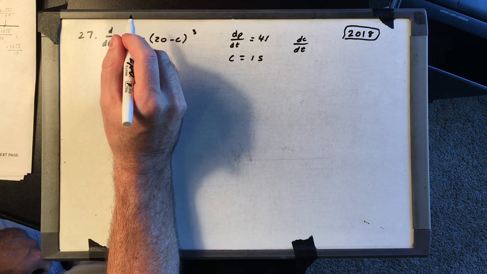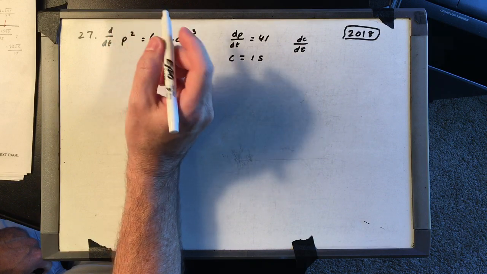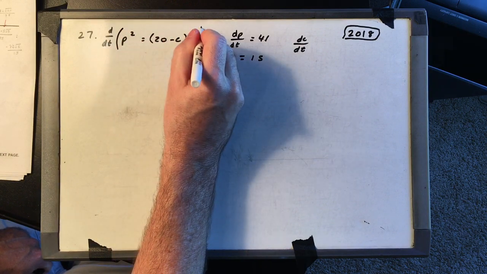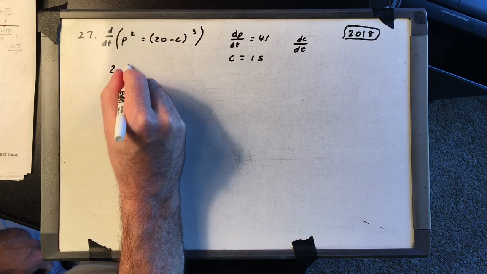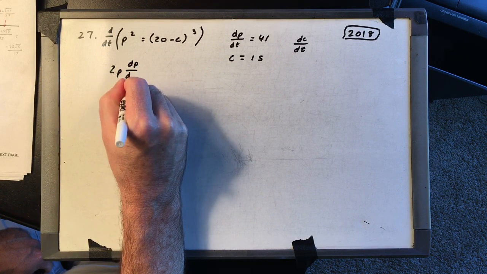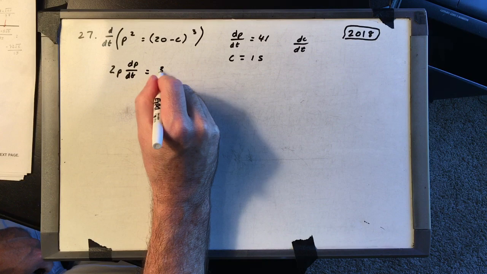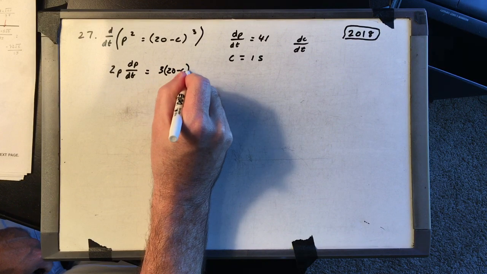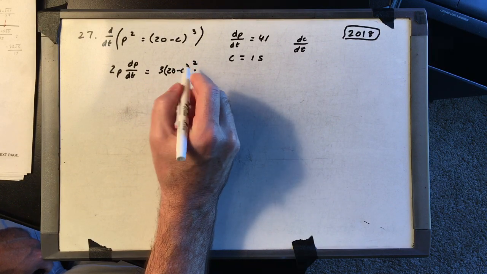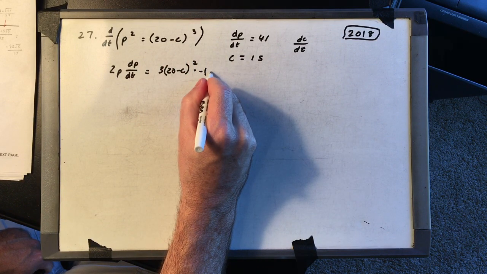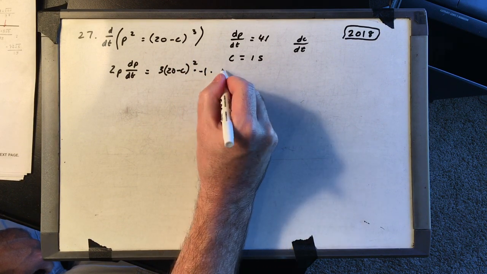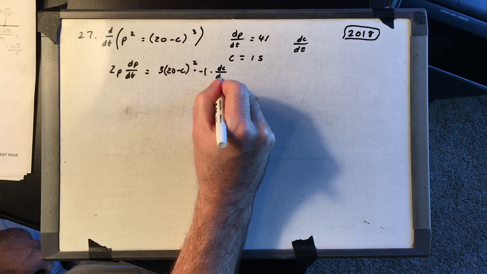Okay, so we've got to get dC dt. That's going to be 2p dP dt is equal to 3 times (20 minus c) squared times the derivative of the blob, negative 1, times dC dt.